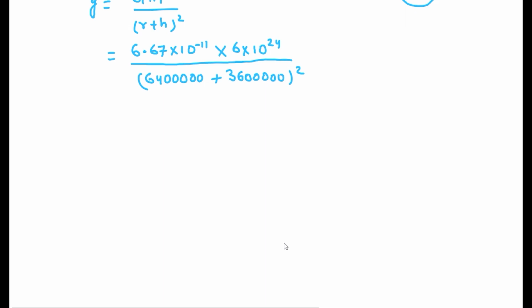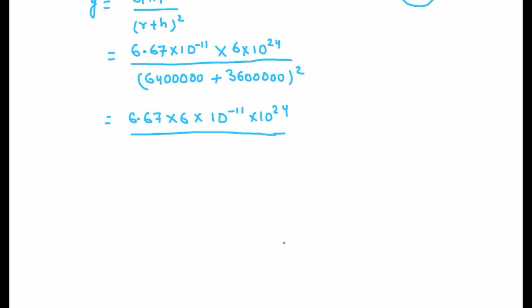So first of all, arrange it: 6.67 into 6 into 10 to the power minus 11 into 10 to the power 24. First of all, add the r and h values and square it, and you will get 10 to the power 7 and this whole square.